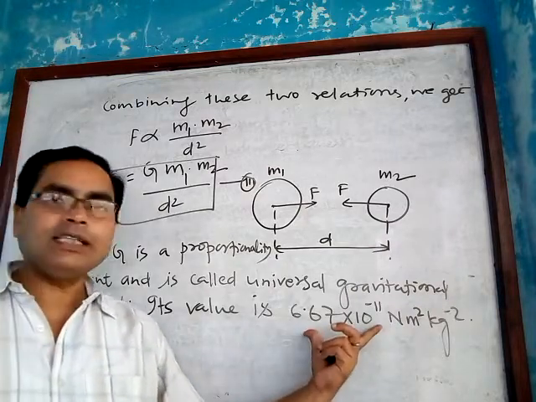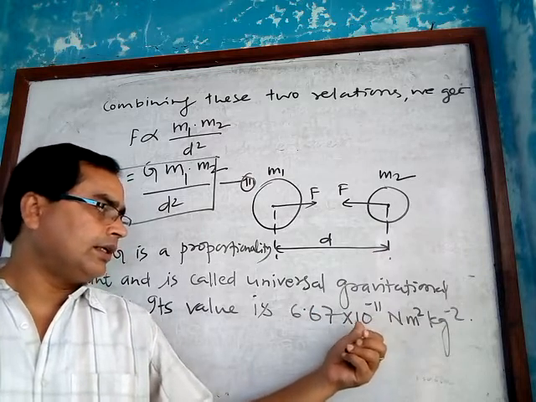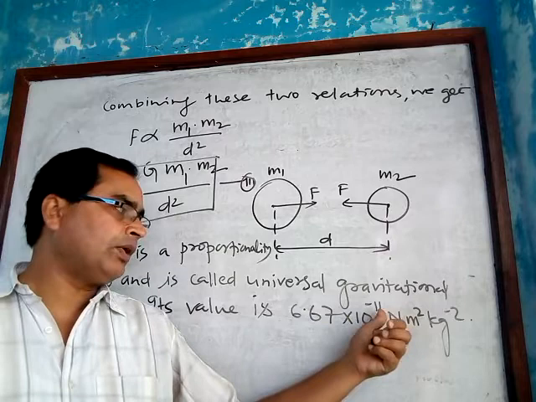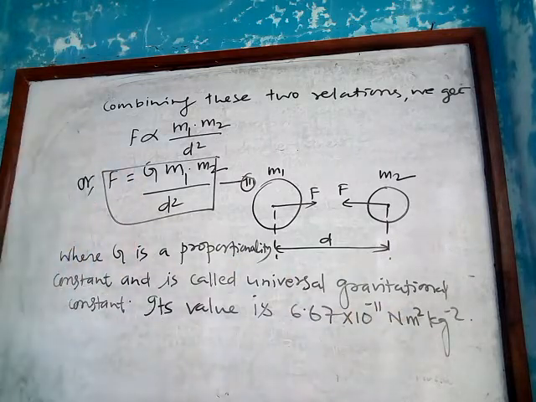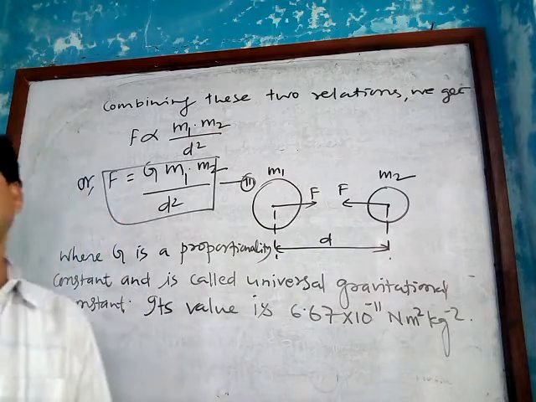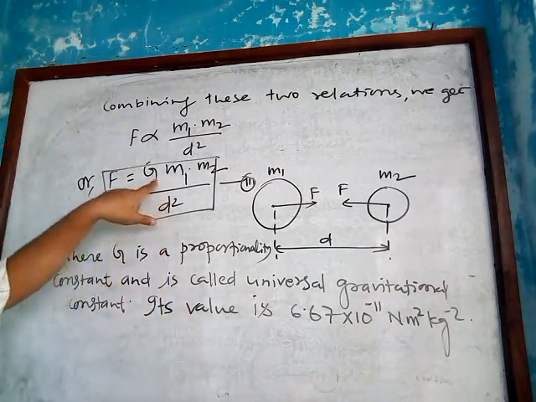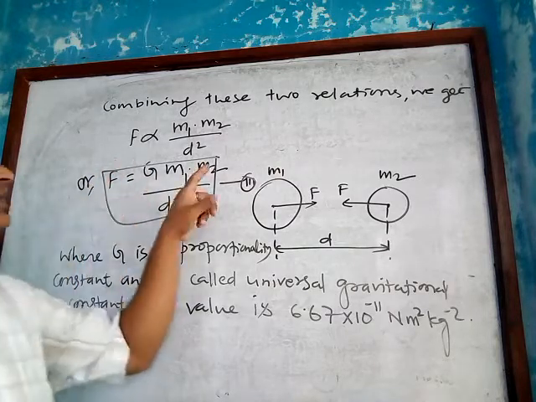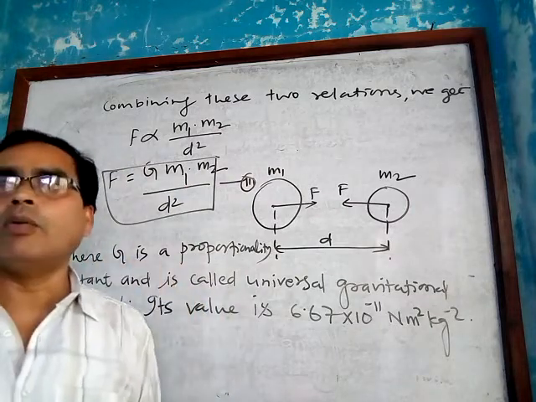The value of G is very small. Let us see here. The value of G is 6.67 into 10 to the power minus 11. That minus 11 makes the value of G very small, and hence the force of gravitation between two bodies becomes very small.